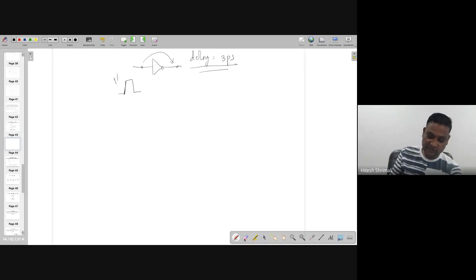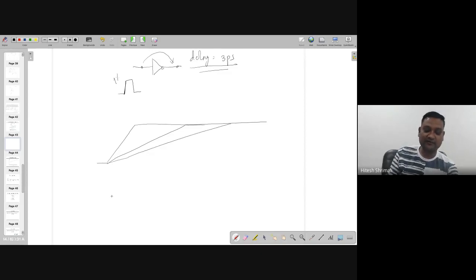But if you change this slope more, or like this, or like this, all will have a different propagation delay.